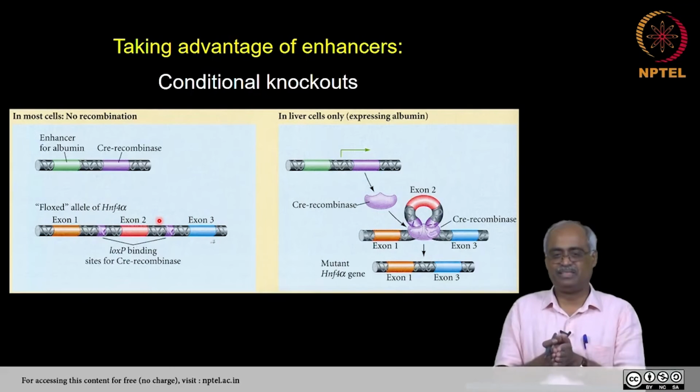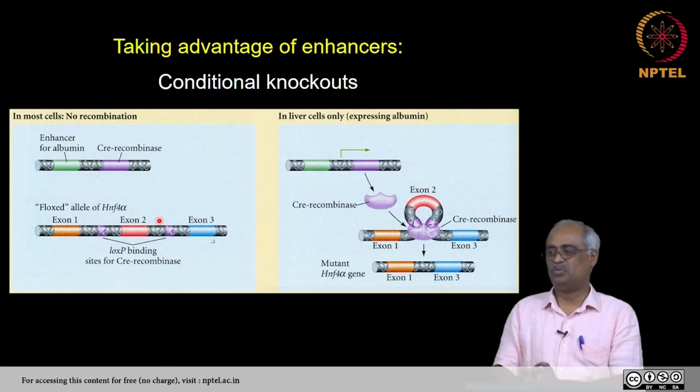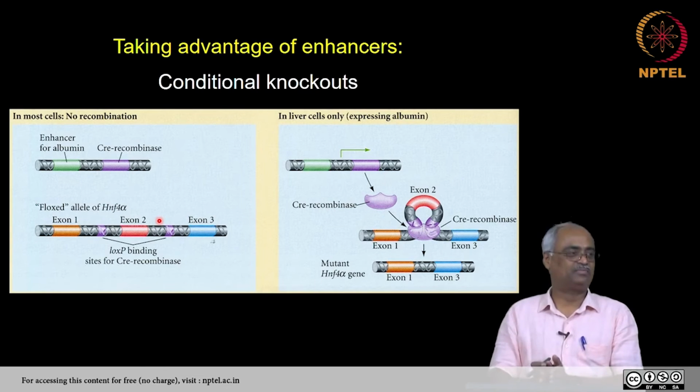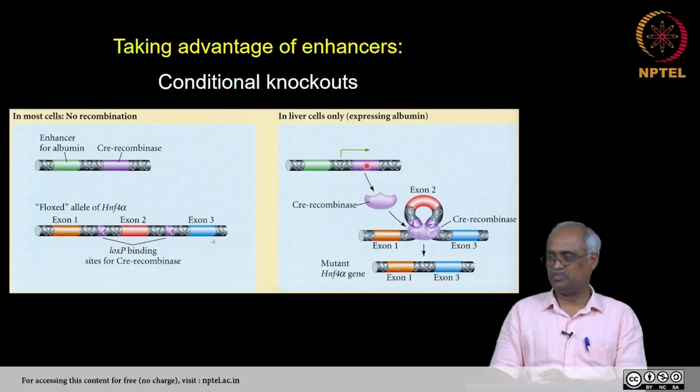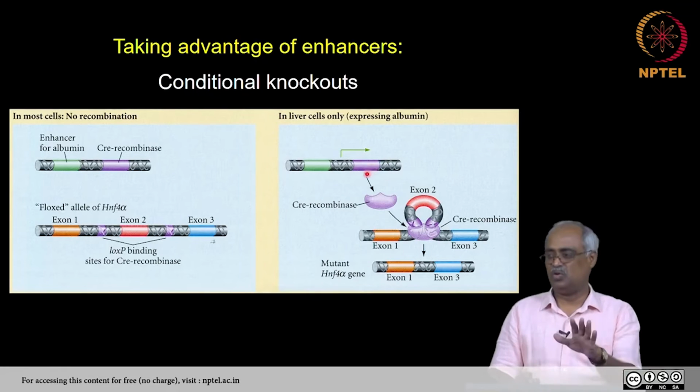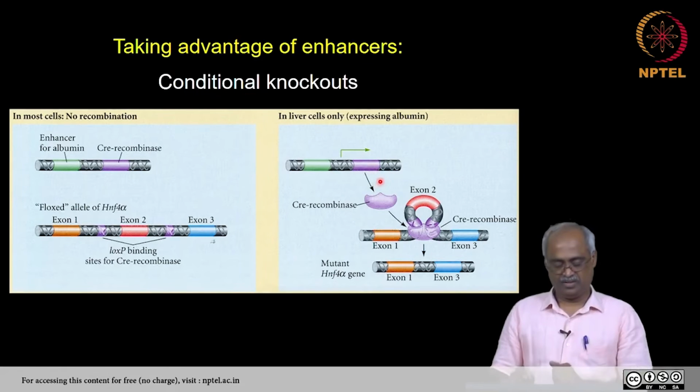But if you cross these two mice and generate a double mutant, a mouse that carries both of them, in its liver you will have both the functional elements brought together. You will have Cre recombinase produced because the albumin enhancer makes it expressed in the liver, nowhere else. And you need to remember, this is germline floxing.